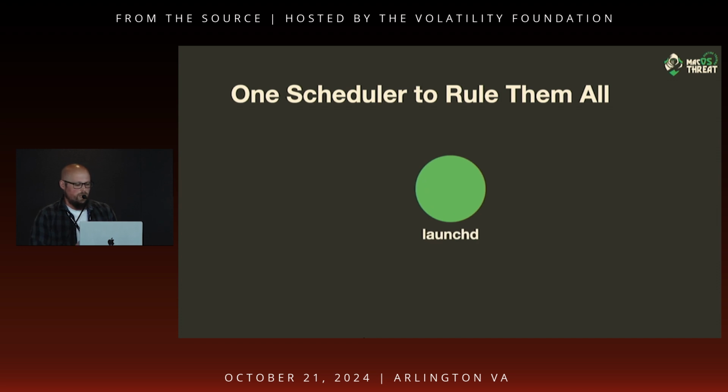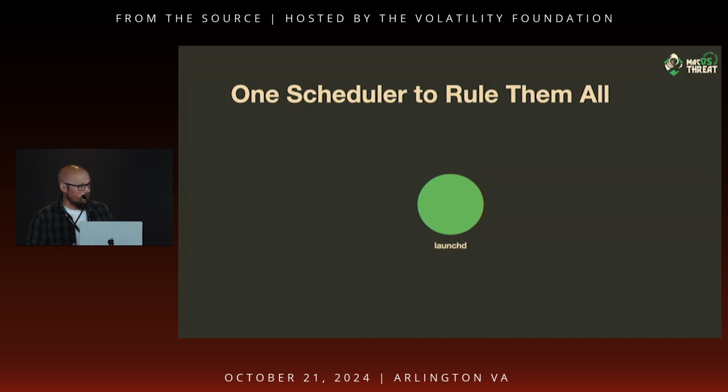So why is it so difficult on macOS to actually build a process tree? A lot of that is due to the architecture of the operating system, and that is mainly the process launchd. Launchd ends up creating process trees in a very one-dimensional way because its goal is to be this kind of super scheduler.